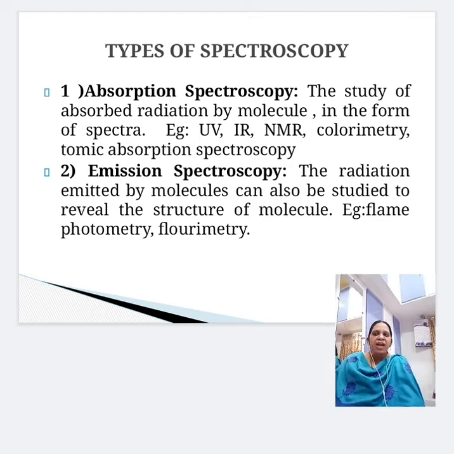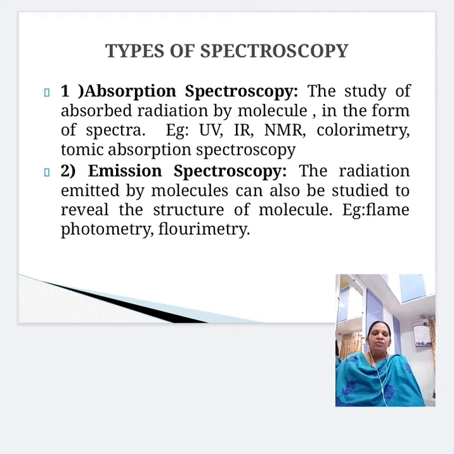This is determined by separating the radiation into a spectrum and measuring the intensity of the radiation at each frequency. Absorption lines are dark lines on a light background on a photographic negative.